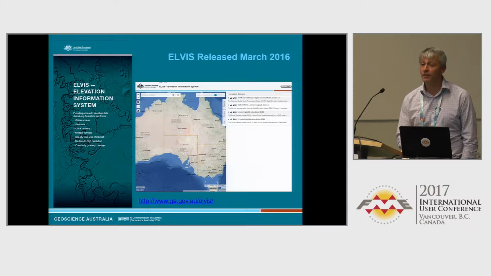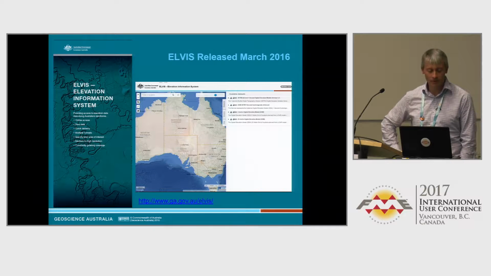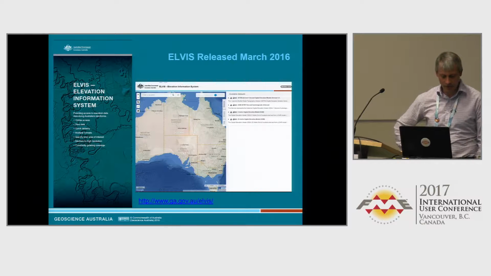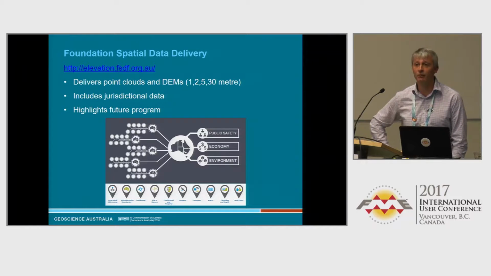We released ELVIS in March of 2016, and the idea around it was that we wanted to make sure that it was open, it was free and accessible. It needed to be quick delivery, and they were really our main points. There were a few others there that we like to do, but it all fell under what we would call a Foundation Spatial Data Framework.